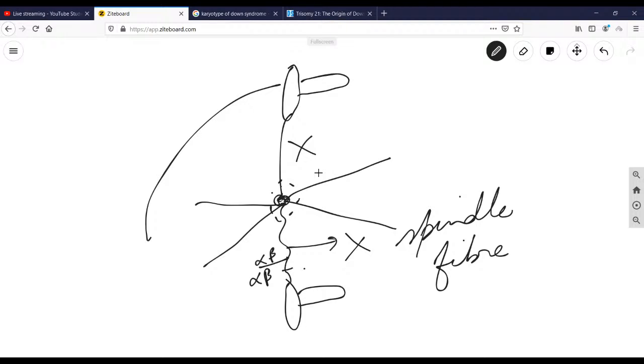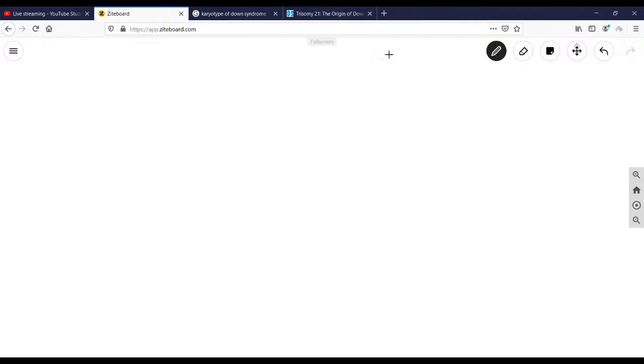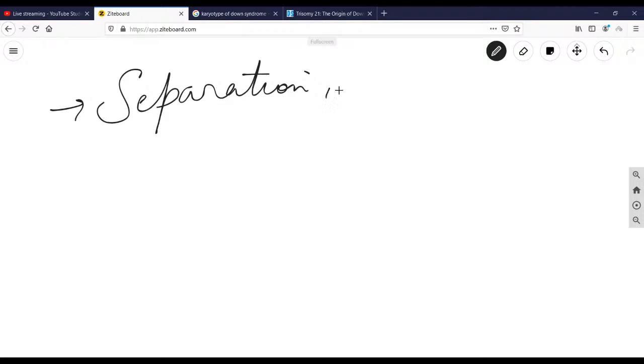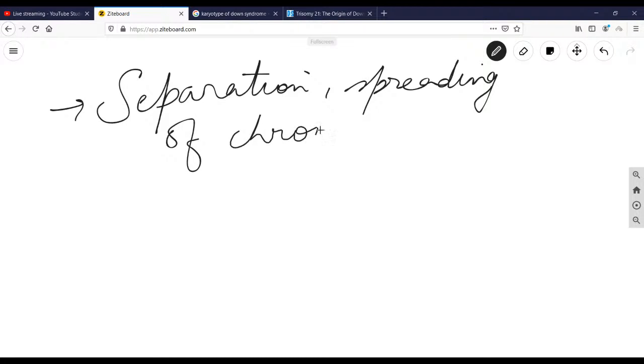So this is the next step, and then we do what we call separation and spreading of the chromosomes. Third step is, after arresting, separation and spreading of chromosomes by using hypotonic solutions.